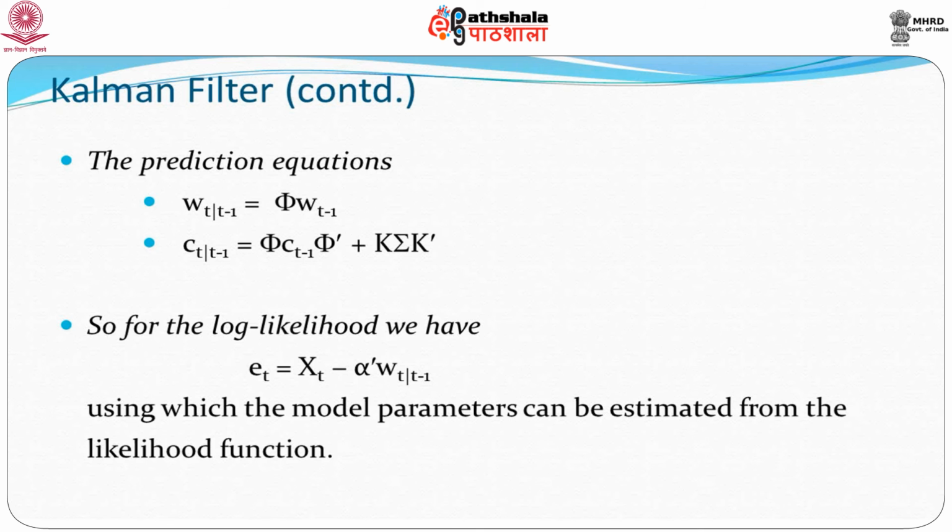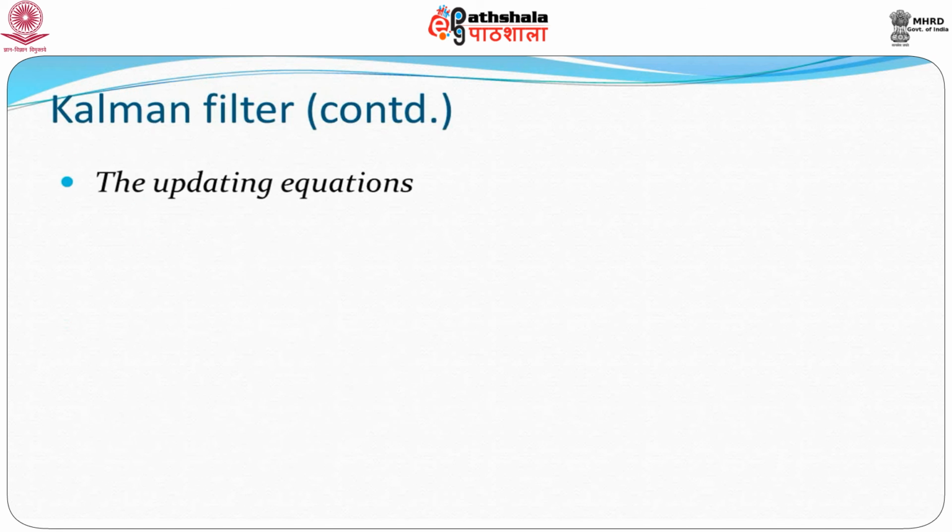Now, since in this case the dispersion is not an identity matrix, we generally use the generalized least squares method, because you have a heteroscedastic sort of model, with Ct given t minus 1 which you will have to take account of, and hence we will be using the generalized least squares.